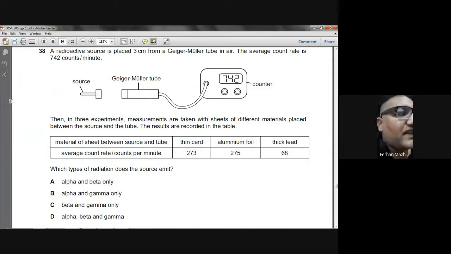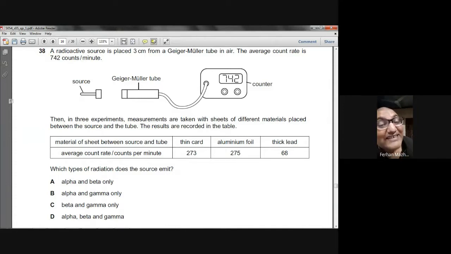Now what you did, you placed the radiation. First of all, the radiation is basically of three kinds. One is called alpha, the other one is called beta, the third one is called gamma. Alpha cannot pass through a paper. We call it the penetration power. The alpha particles cannot pass through the paper.